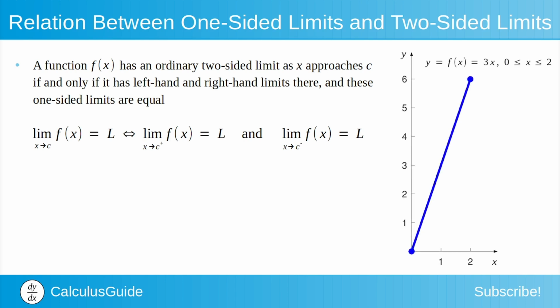Shown to the right is our earlier example function f of x is equal to 3x, defined in this example on the closed interval from x is equal to 0 to x is equal to 2. This function f of x has left-hand limit 3 at x is equal to 1.